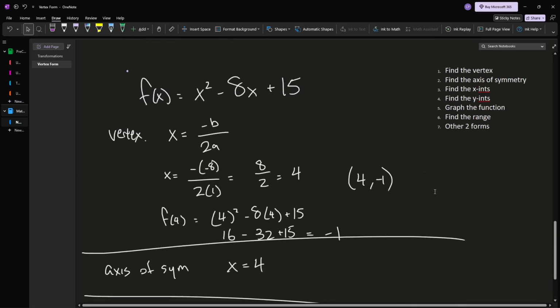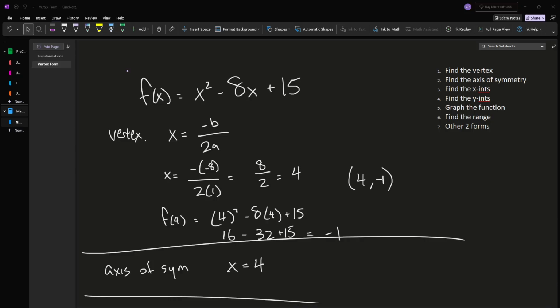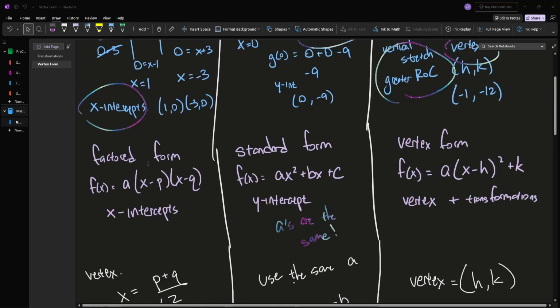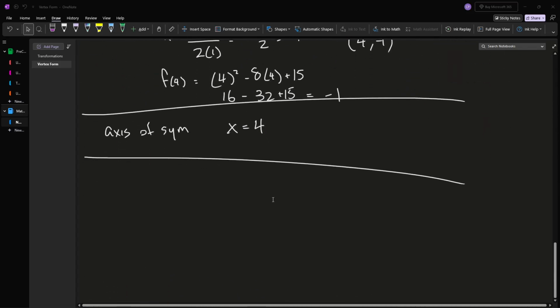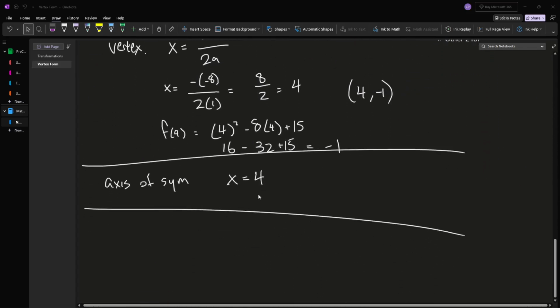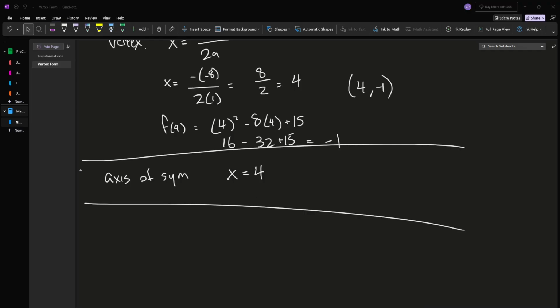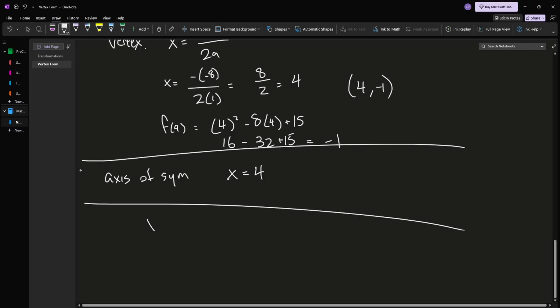Next up, we want to find the x-intercepts. So look back at our function types and see which one we need to turn it to get our x-intercepts. You should have seen that x-intercepts are found in factored form. So let's now turn this into factored form by factoring it. So f of x, we have x squared minus 8x plus 15.